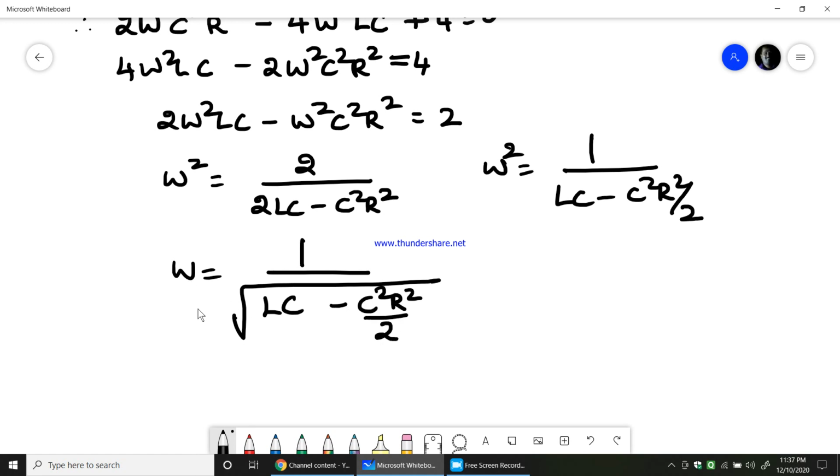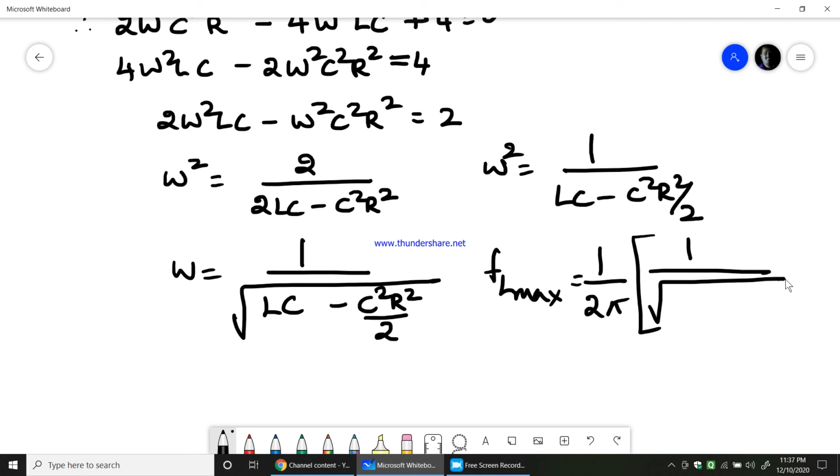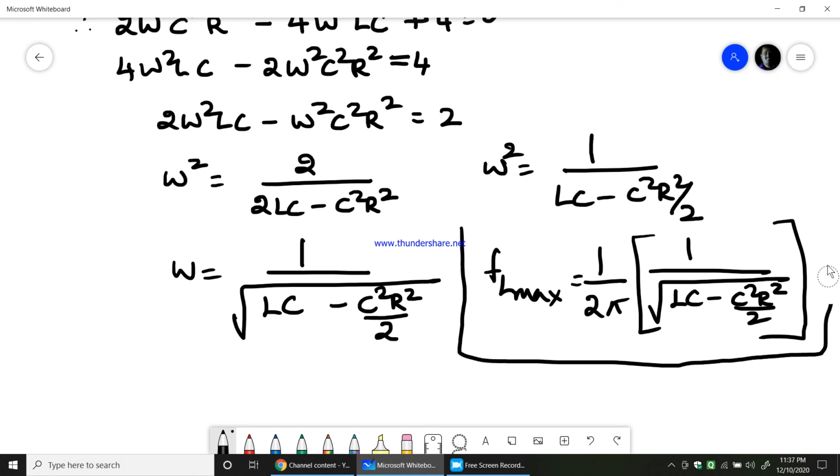This is nothing but FL max, which will be equal to 1 over 2 pi multiplied by 1 over the square root of (LC minus C square R square by 2). So this is the derivation for FL max, where the voltage across the inductor is maximum at this frequency.